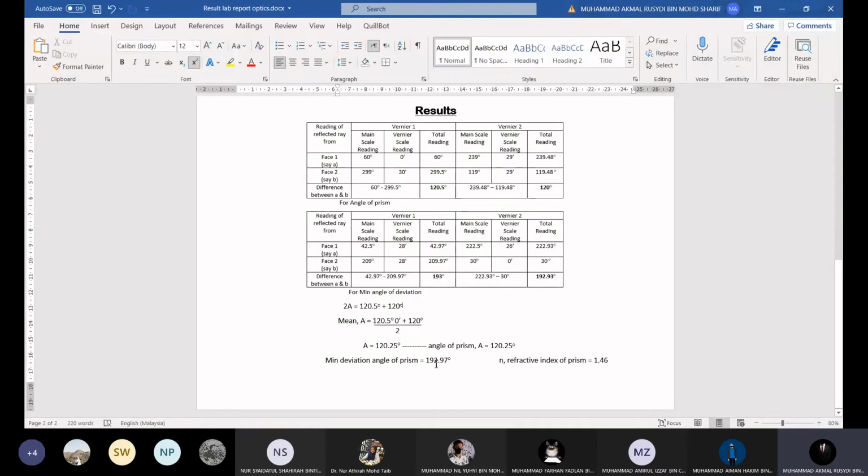And then we get 192.97 degrees. And then for the refractive index, there is an equation that was told before by Farhan, which is sine of (A plus D) over 2, divided by sine of A over 2, and then we just replace A and D. A is 120.25 degrees, and D we replace with 192.97 degrees, and then N, the refractive index of the prism, we will get 1.46.